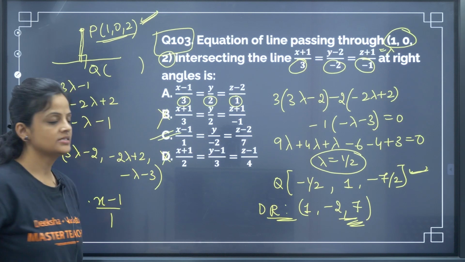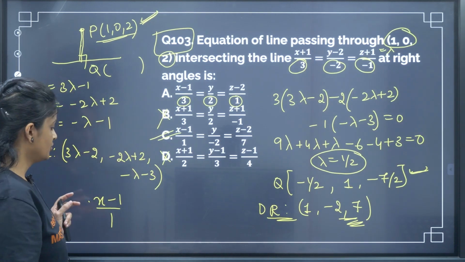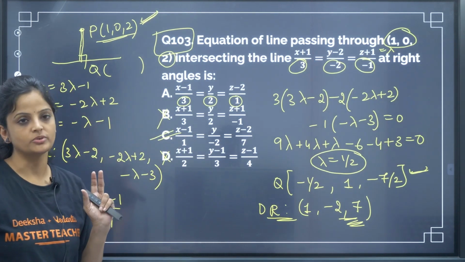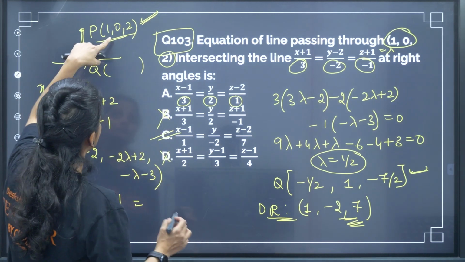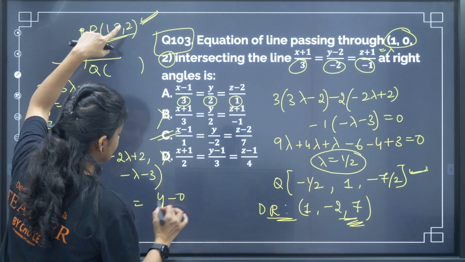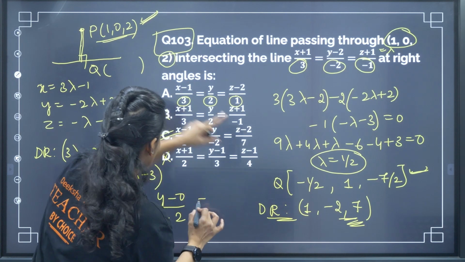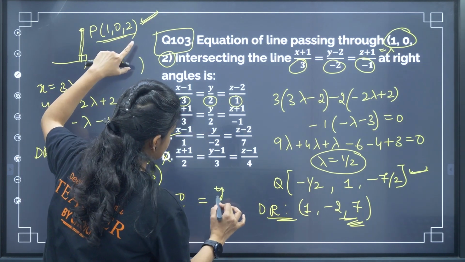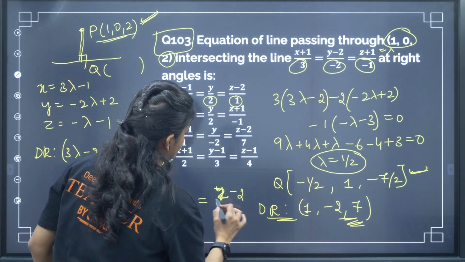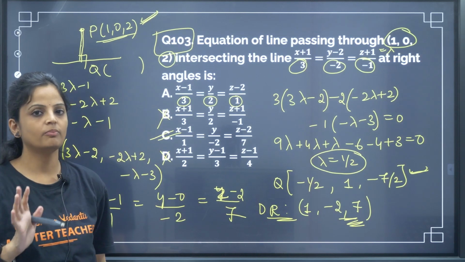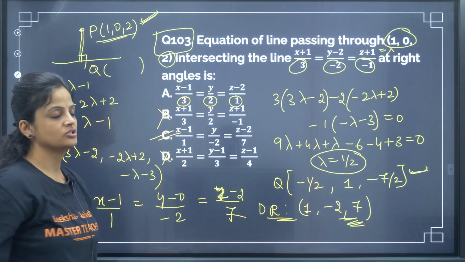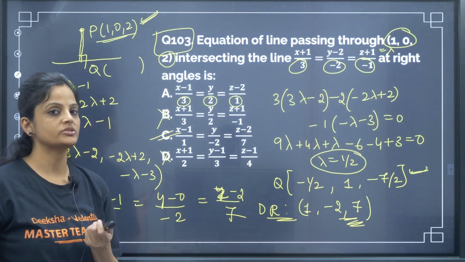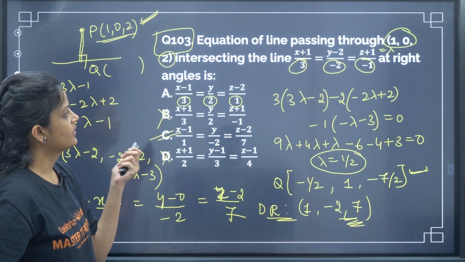So I have option C. Easily, without doing much, I can tell that it is option C. Even though, I'll tell you how you are writing it. So with the 0, with the minus 2, with the 2 here, Z, and with the 7. So this is your proper answer. Once you get this value, you can go in search of the answer with the options. Option C is telling you the right answer.